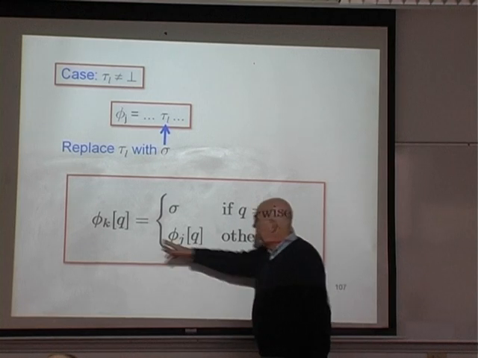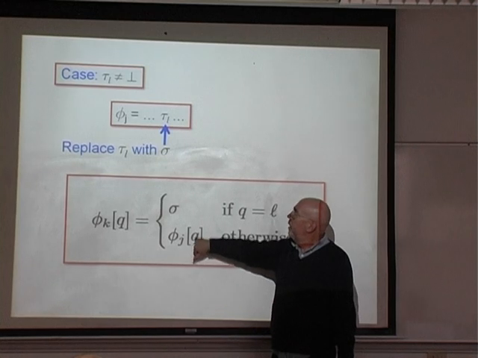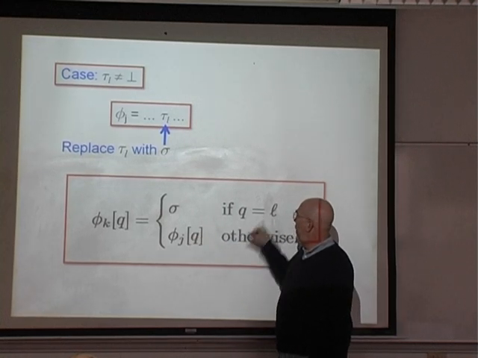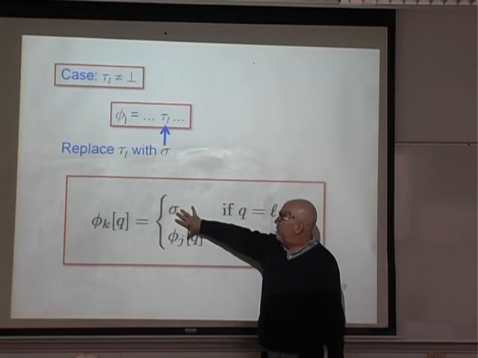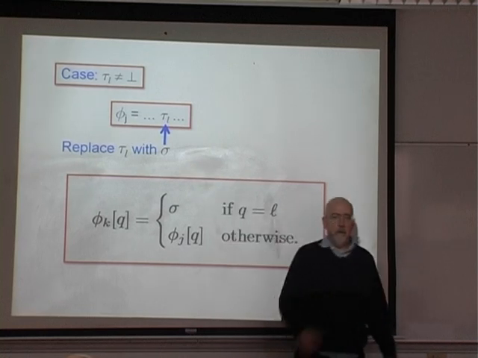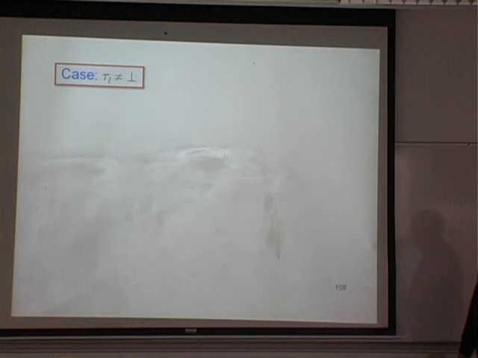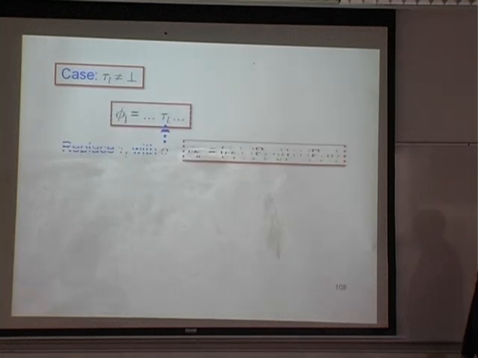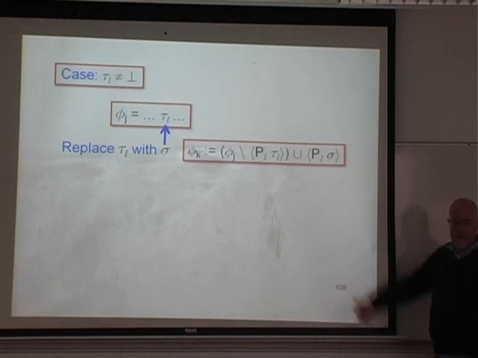So what we'll say is that phi sub k agrees with phi sub j, except at L, where it's sigma. So this is just a LaTeX-y way of saying that we replace the one vertex here. So we replace this, and then we get phi k, where we take out tau and we put in sigma.